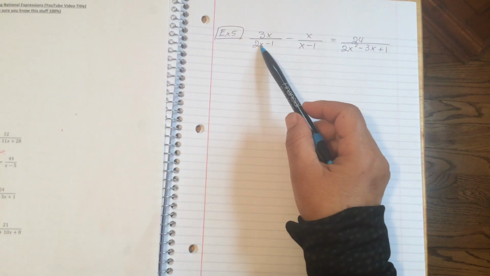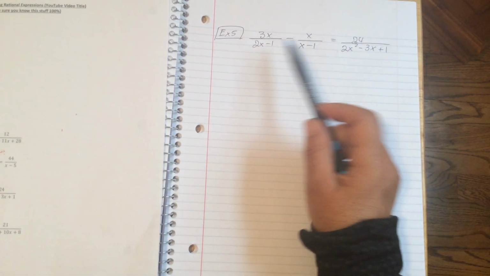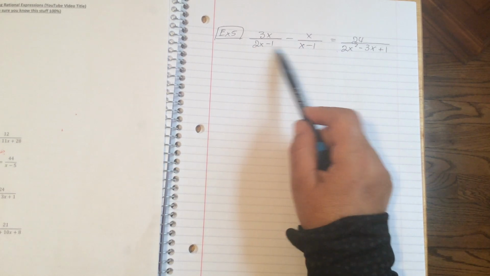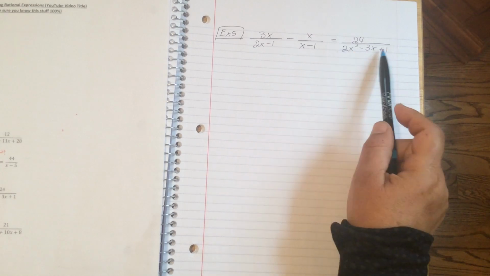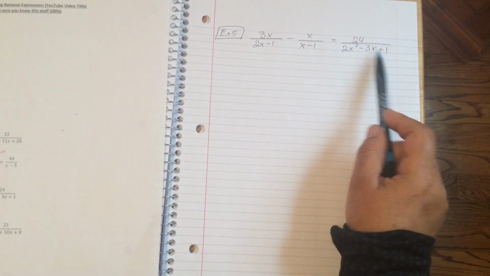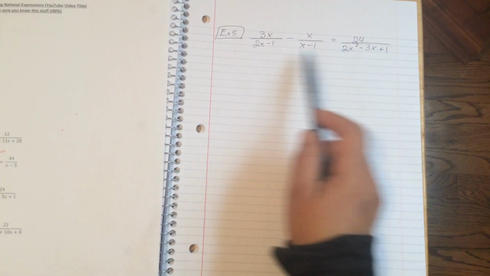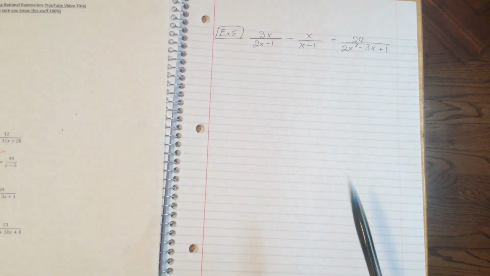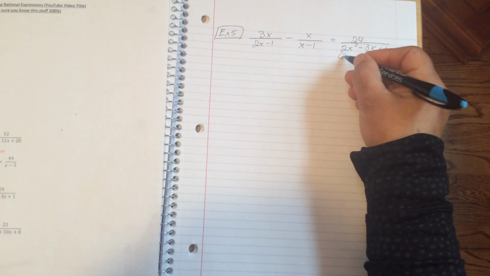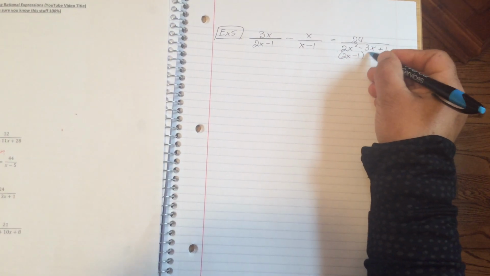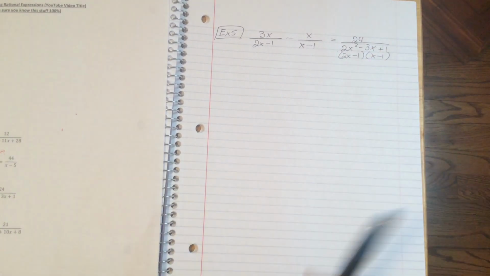So what does it mean? 2x times x, 2x squared, 2x times negative 1, negative 2x, and negative x is negative 3x. Negative 1 times negative 1 is positive 1, yes. This is factorable as a product of these two binomials: 2x minus 1 times x minus 1.